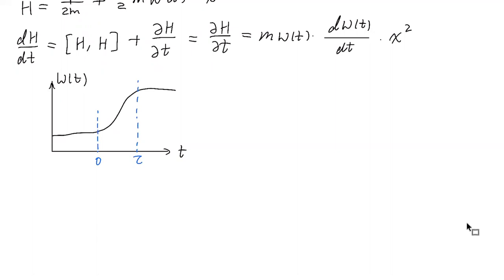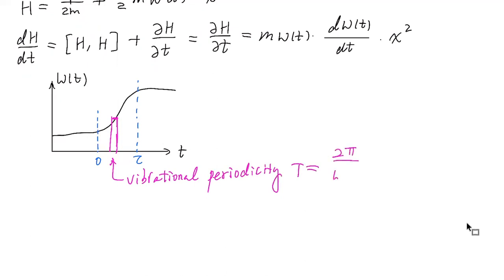If we look at a very tiny interval, within this interval the vibrational periodicity can be approximated as 2 pi over omega(t).